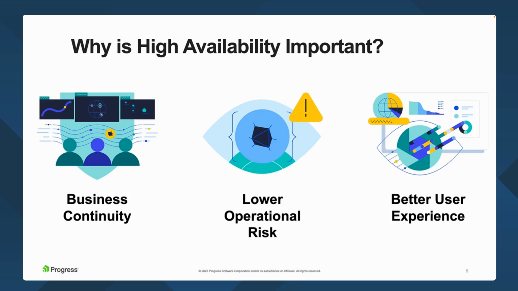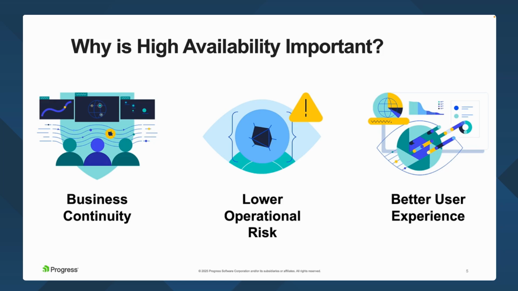This is essential for maintaining productivity, enabling transactions, and supporting customer interactions. So for systems administrators, it means designing infrastructure that can withstand disruptions without halting operations. Whether that's a hardware fault or a cloud service hiccup, high availability keeps the business running smoothly.